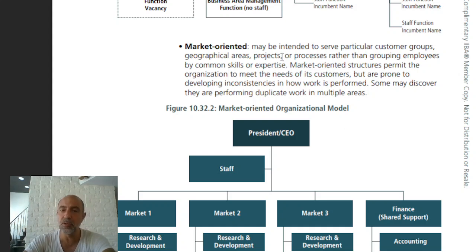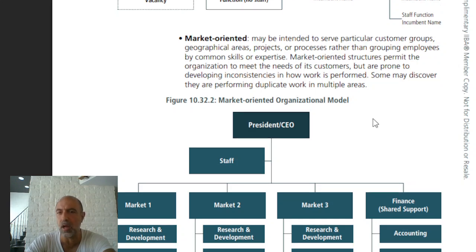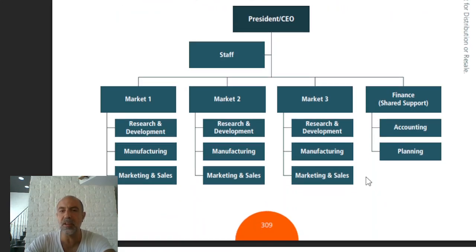Market-oriented structures permit the organization to meet the needs of its customers, but are prone to developing inconsistencies in how work is performed. That's where the core value of the company seeps into everything, and the principles the company operates on.